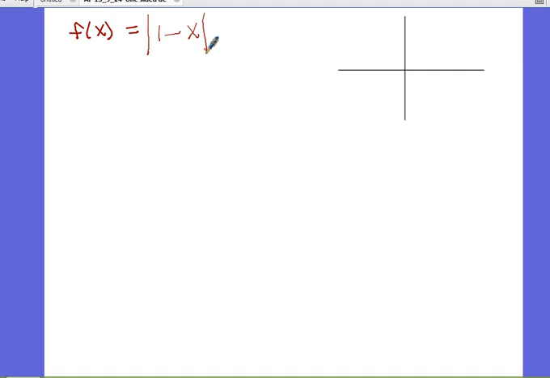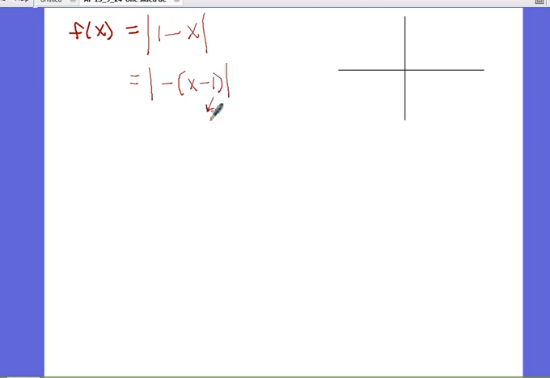Just to make sure we understand what that graph looks like, if you use transformations, you can figure out what the graph does look like. The transformations would say that this is equal to negative parentheses x minus 1. So what does that tell us?